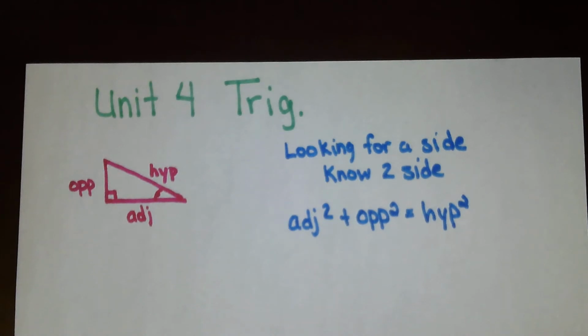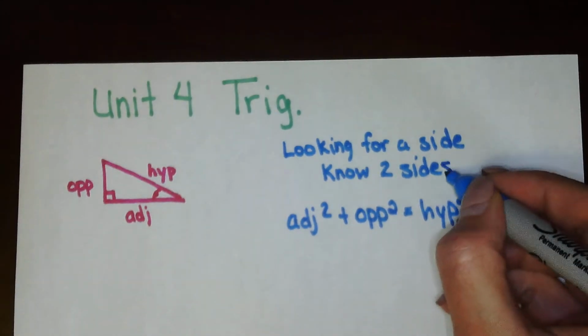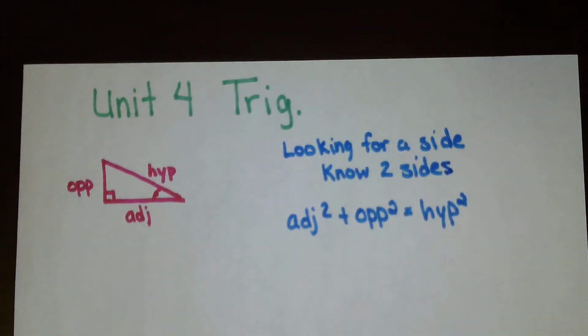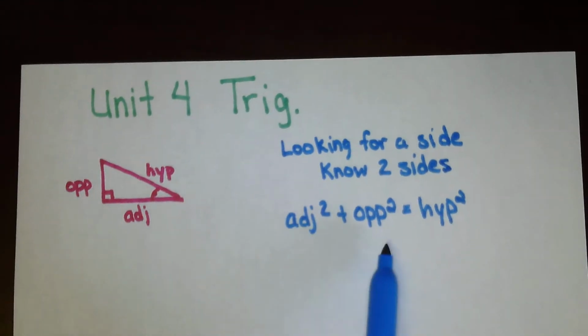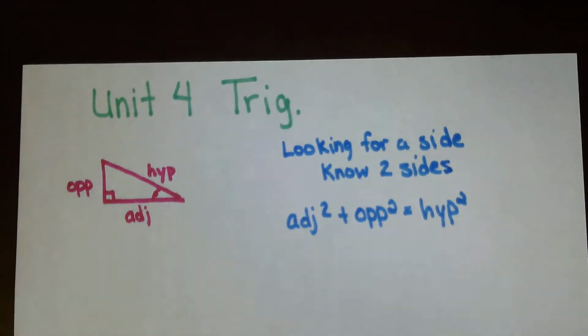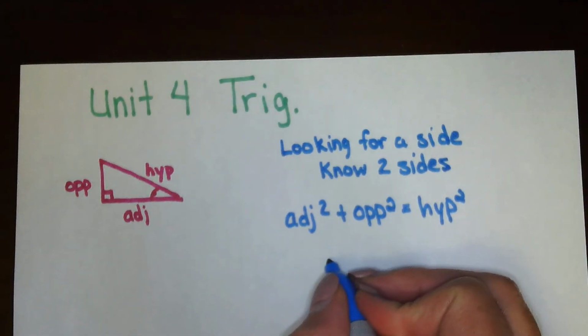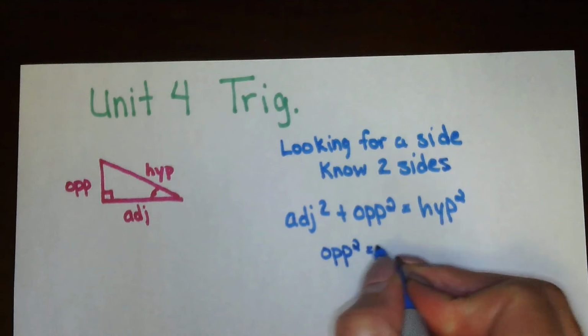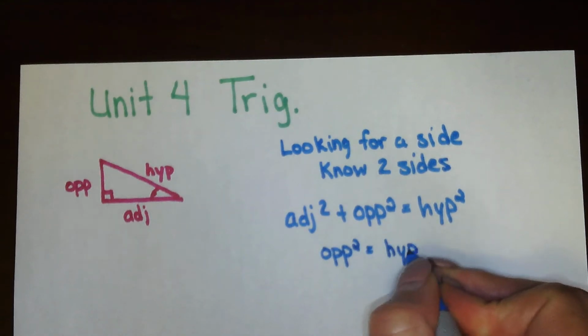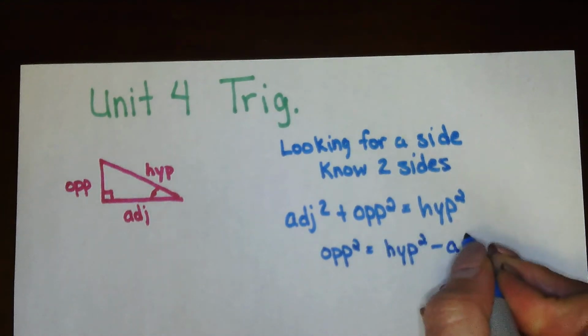So if I'm looking for a side and I know two sides already, no angles involved, I'm just going to use that Pythagoras theorem. If I'm looking for, say, one of these, the opposite or the adjacent, I can switch around my formula. Other ways that I can write it could be opposite squared is equal to the hypotenuse squared take away the adjacent squared.